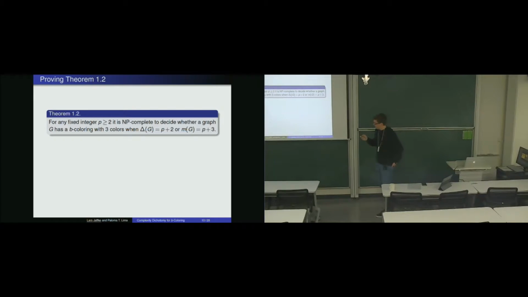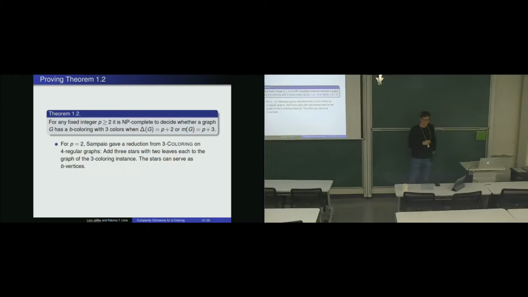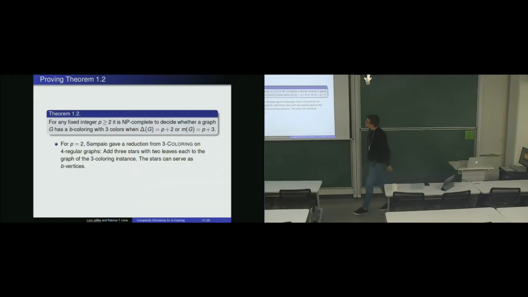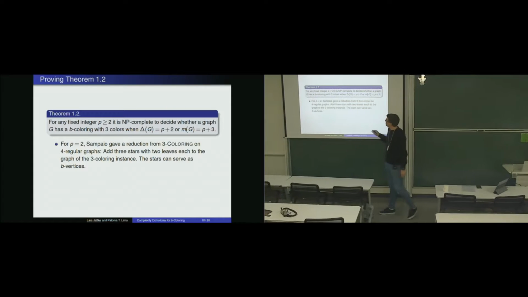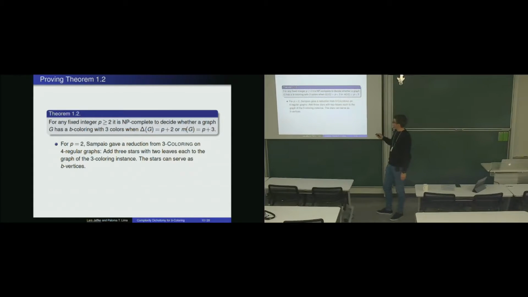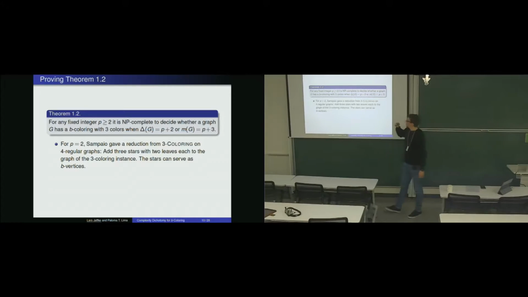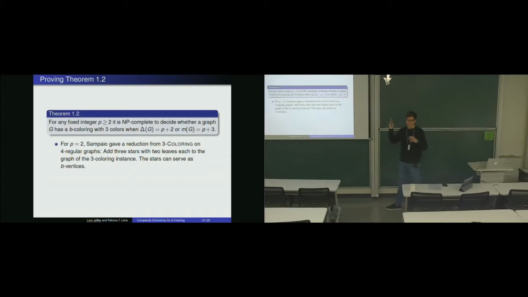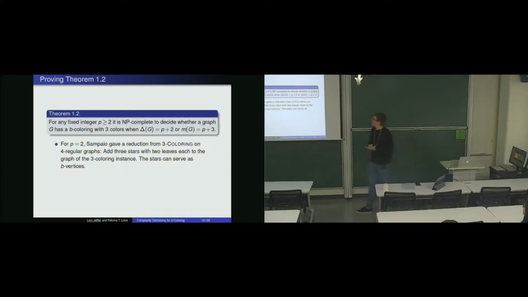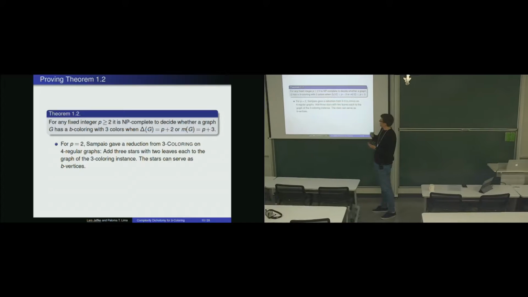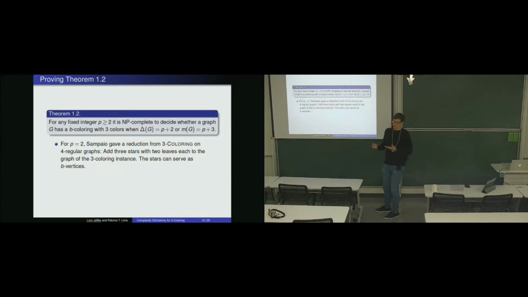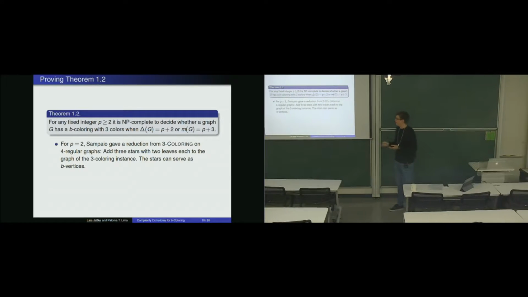This works as follows. There is a reduction from 3 coloring on 4 regular graphs, for the case P equals 2. P equals 2 means we want to know, is there a B coloring with 3 colors in a graph of maximum degree 4? And the reduction is very simple.